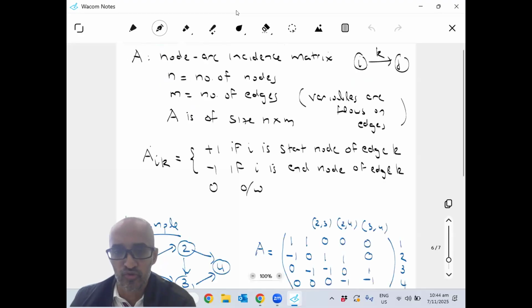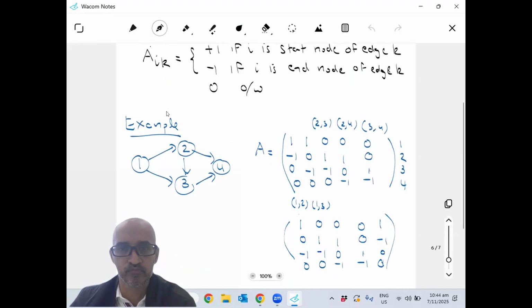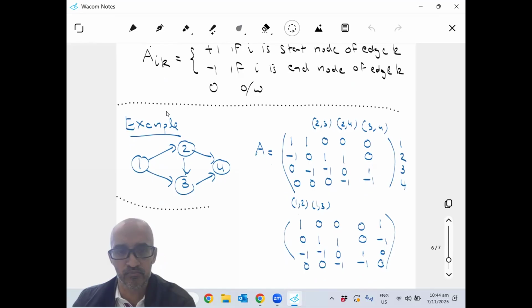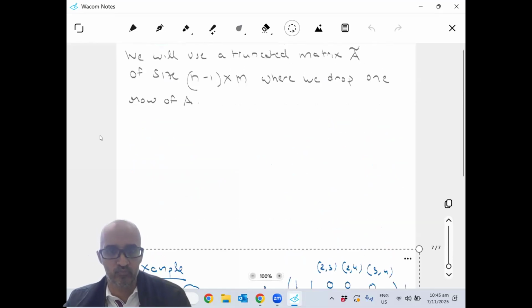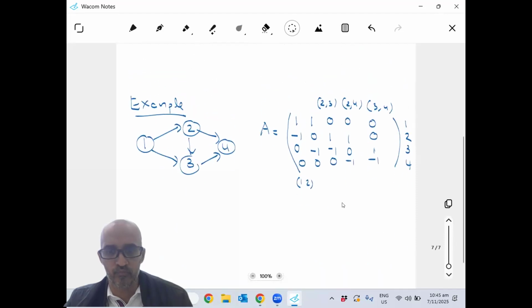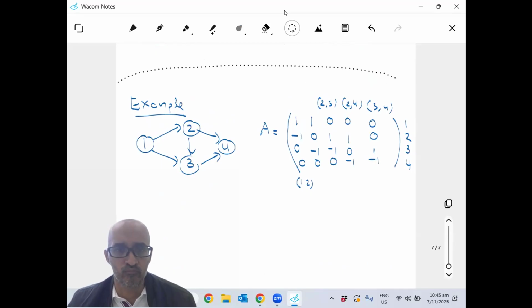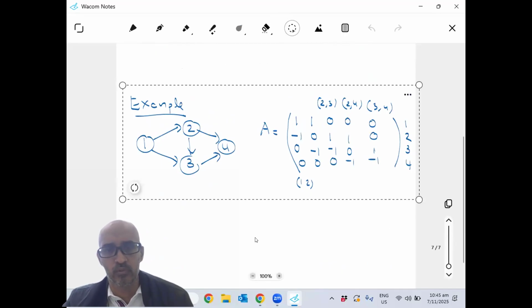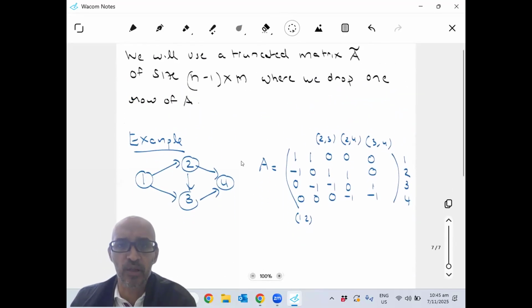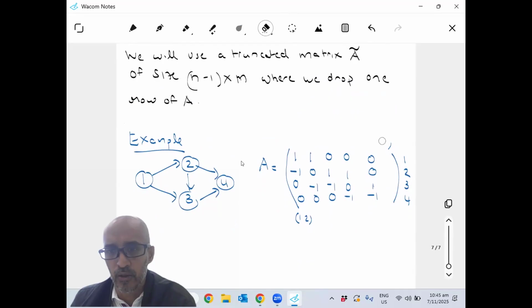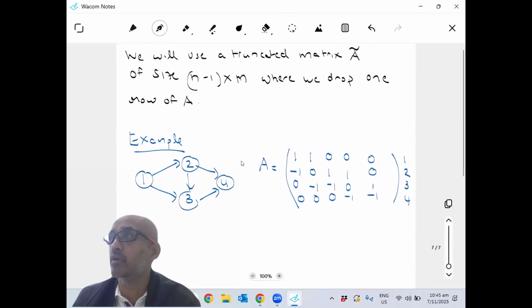So let's go back to this example. Let's say I drop a particular row, and I could have chosen to drop any row actually.